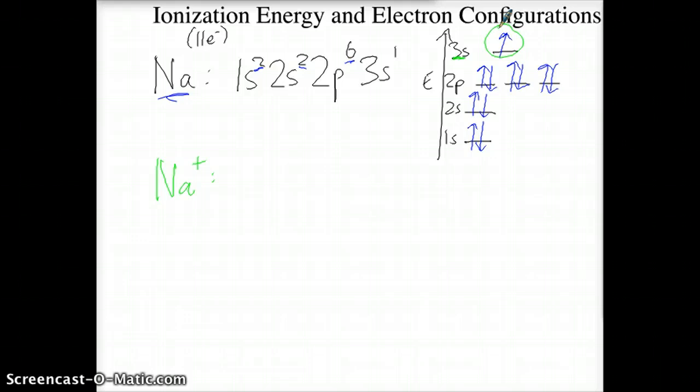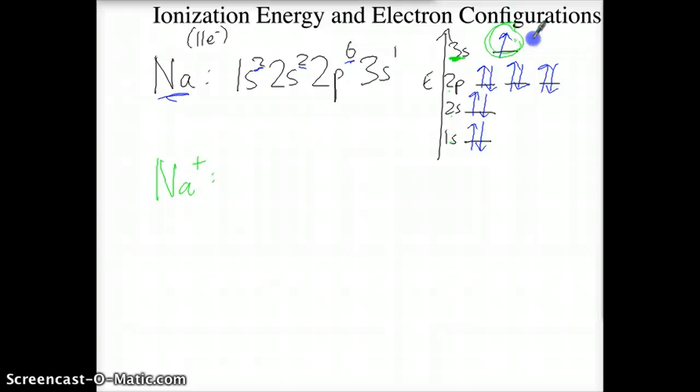We know that for a couple reasons. Number one, it's in the third energy level. No other electrons are in the third energy level. And we also know that it's further away from the nucleus, which means there's less attraction, so it's going to be easiest to remove.